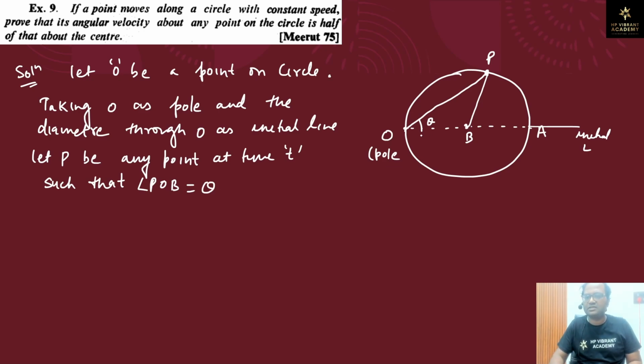If this angle is theta and this is a radius, so this is also a radius, so this angle will also be theta. So angle PAB will be 2 theta.